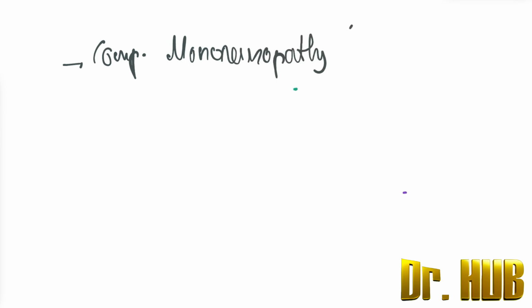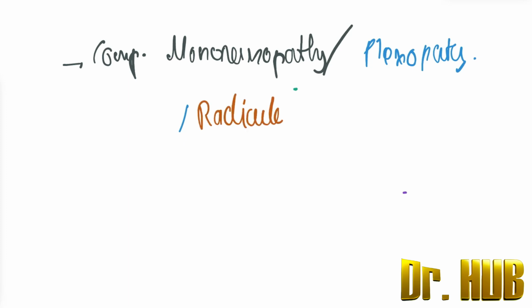Next is the compressive mononeuropathy, a plexopathy as well as a radiculopathy. There is involvement of compressive mononeuropathy. Then there's plexopathy as well as radiculopathy.